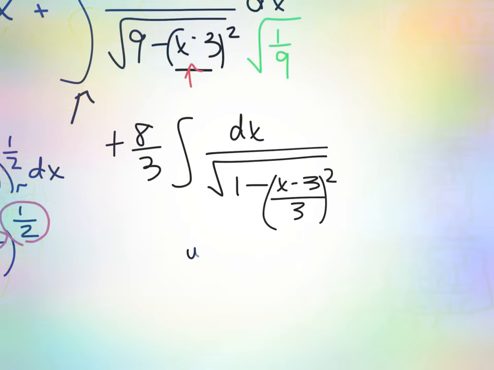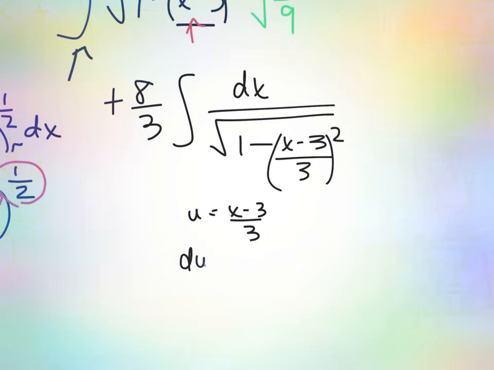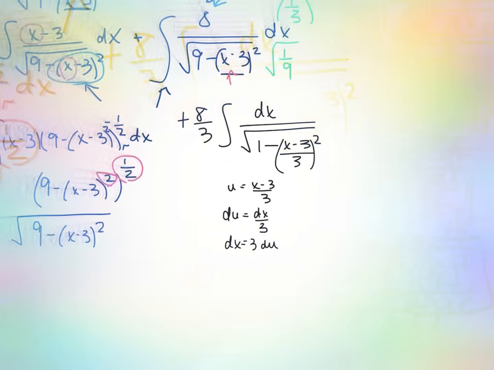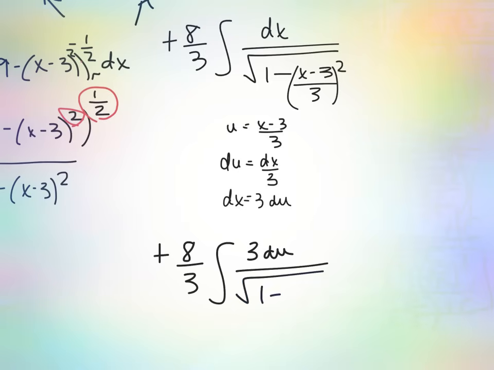So u equals x minus 3 over 3. du equals dx over 3, or 1/3 dx. So then dx is equal to 3 du. So once we plug that stuff in, you get plus 8/3 times the integral, and then dx is 3 du, over the square root of 1 minus u squared.